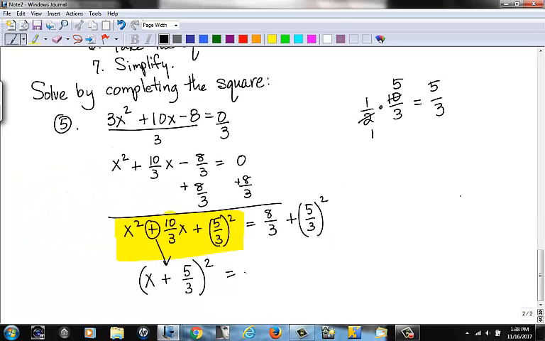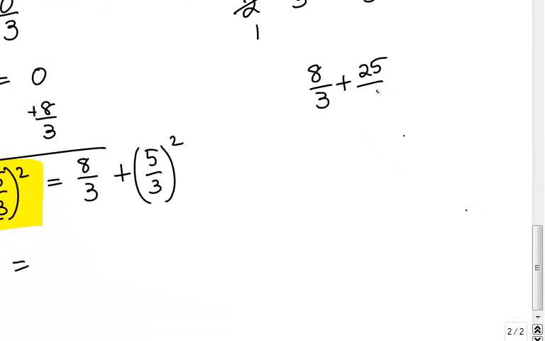Okay, now the right side, I still simplify it out at the side. So 8/3 plus 25/9. You square the top and you square the bottom. So common denominator is 9. So this fraction stays the same. You have to multiply the 3 by 3 to get 9.